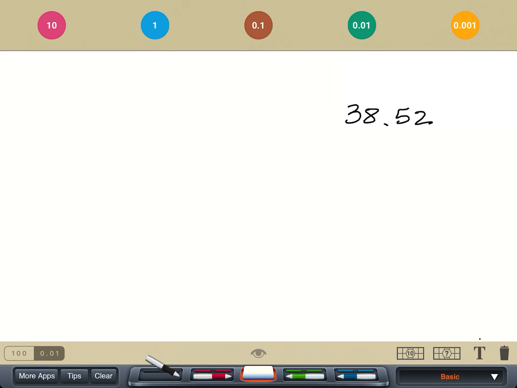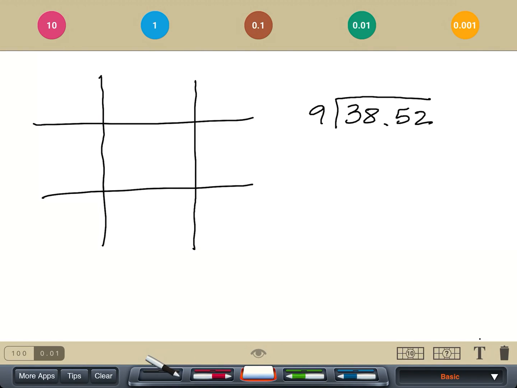And I would love for you to pause and write that down right now. Okay, and then we're going to divide this into 9 groups. Rather than drawing my circles this time, I'm going to see if I can do this way. So I have 9 groups there. Feel free to pause so that you can draw 9 groups too.